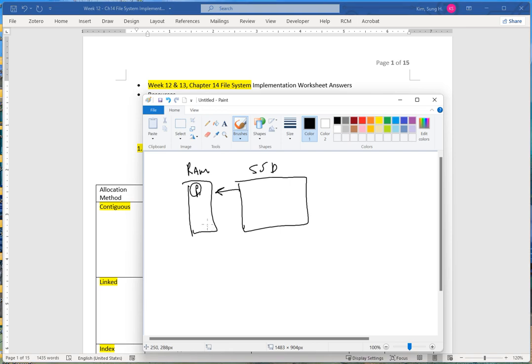And then we talked about how to organize the RAM, how to process the processes, and then how to organize the SSD or the secondary storage device. But in here, there will be files, and we're talking about these files themselves, not necessarily the storage device. They're sort of related, but we're focusing on the files themselves, okay?